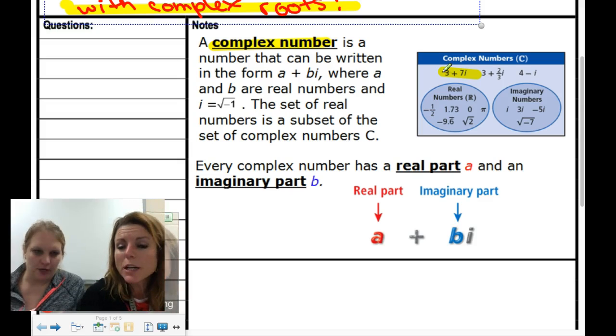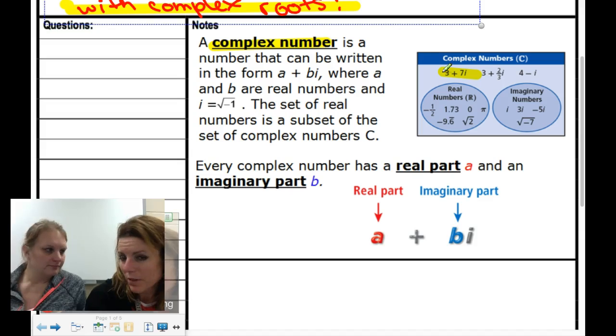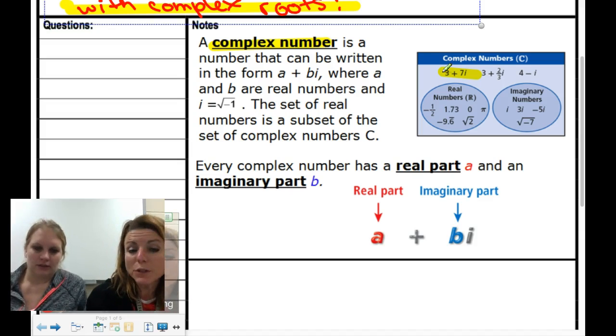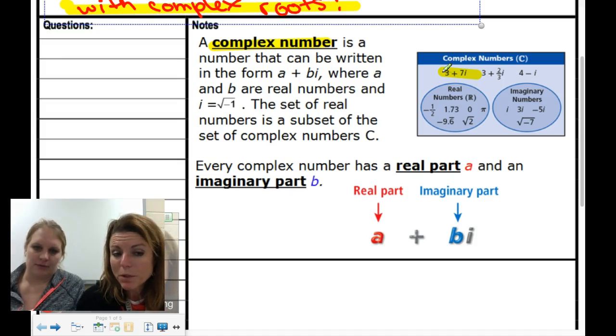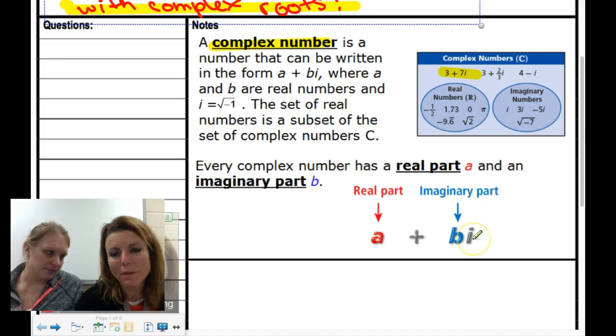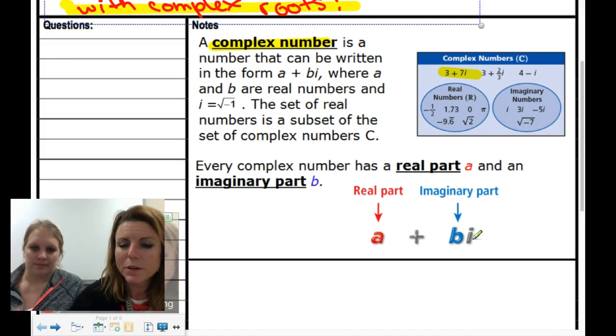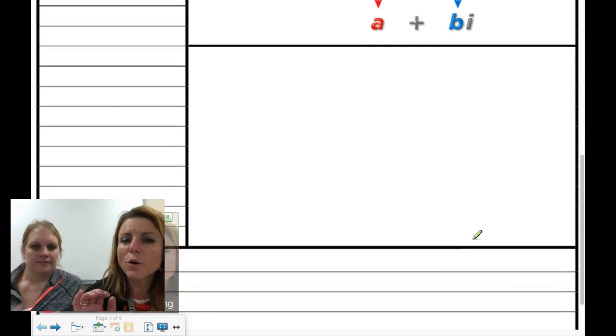It's just b. What happens is a by itself is a real number, and it's the real part because there's nothing multiplied by it. b by itself is a real number. When you multiply it by i, it becomes imaginary. That's why b is the imaginary part. Okay, all right? So now we're going to go on and notice what we're doing on the next page.